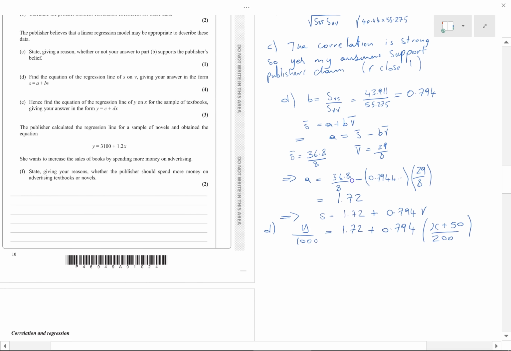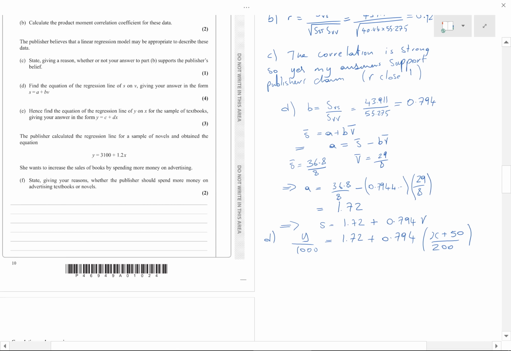Then we just have to rearrange that. I'll quickly do that. If I times everything by 1,000, rather than do everything on a calculator, because it's a bit fiddly, that will be 1,720 plus 0.794 times 5 times x plus 50.